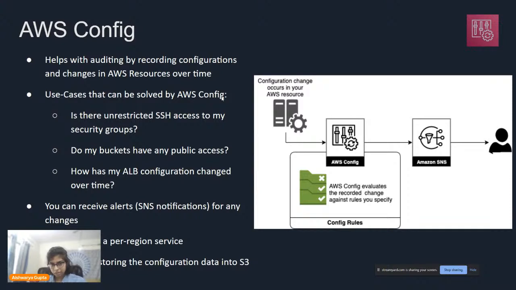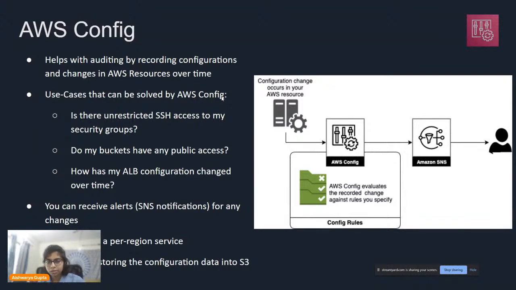Config continuously monitors and records the configuration changes of each and every AWS resource and allows you to automate remediation actions and even notifications if there's any non-compliant resource detected, right? AWS Config is integrated with CloudWatch Events. So it sends events to CloudWatch that we can easily detect and that could trigger a Lambda function to remediate.